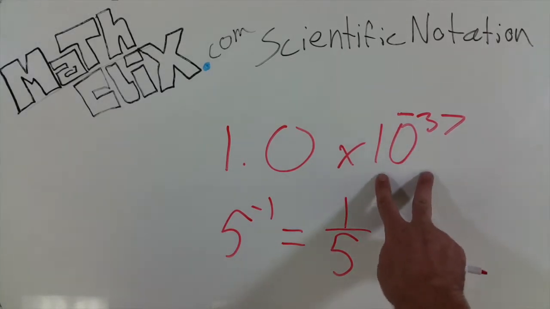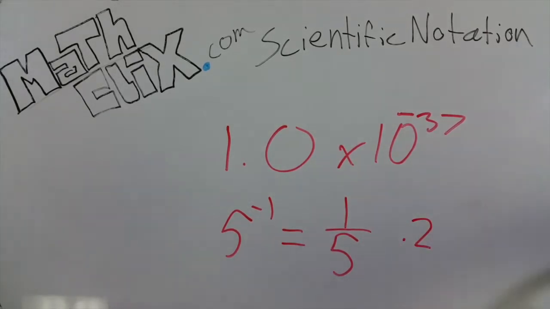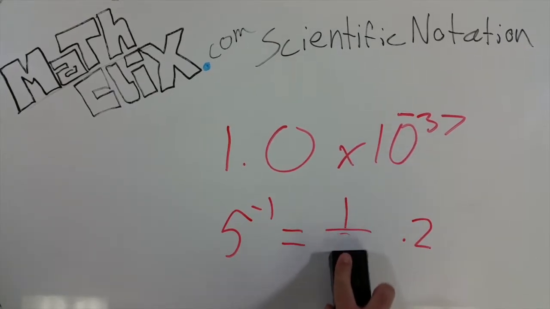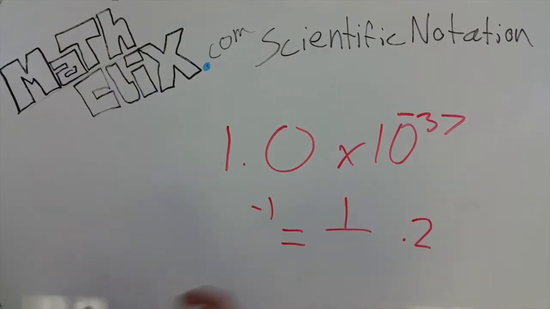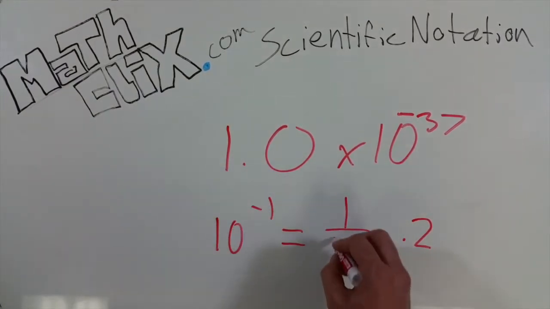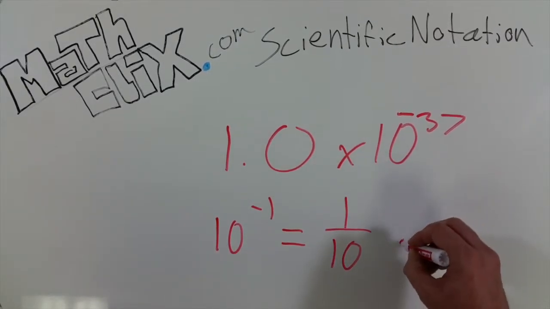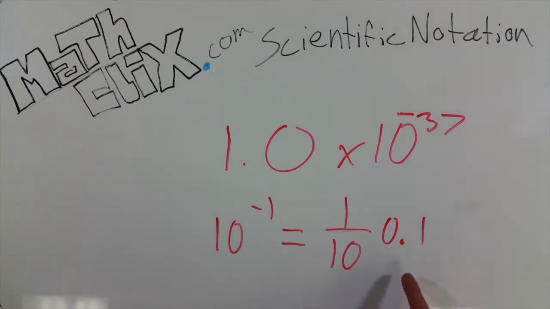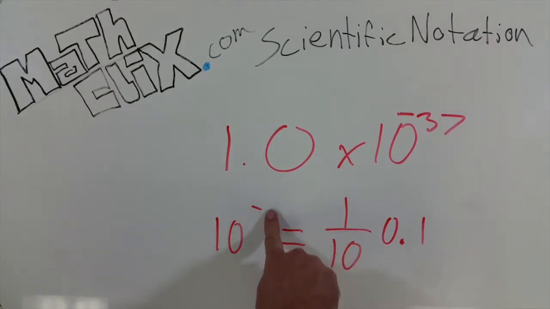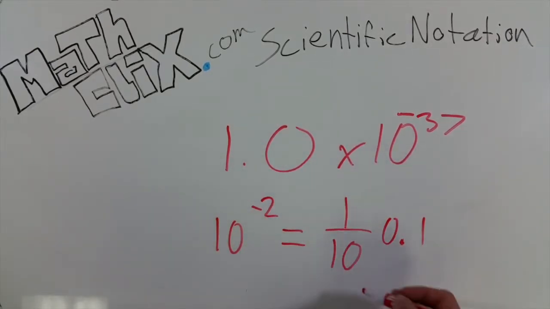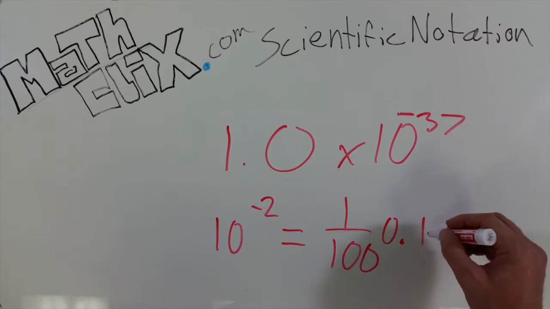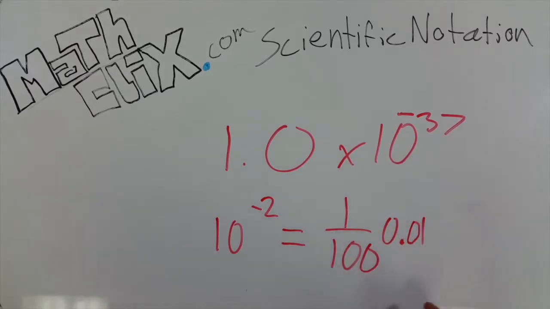Well, since this is a 10 and not a 5, a 10 to the negative 1 is 1 over 10, or 0.1. Similarly, we add another 0 on the denominator. And that just puts another 0 right there.